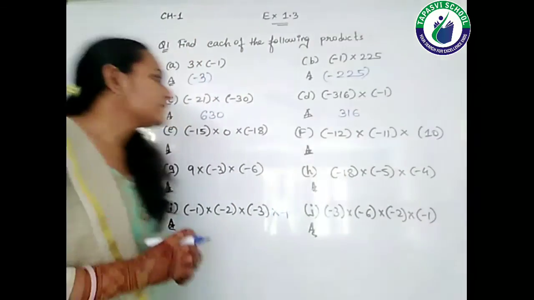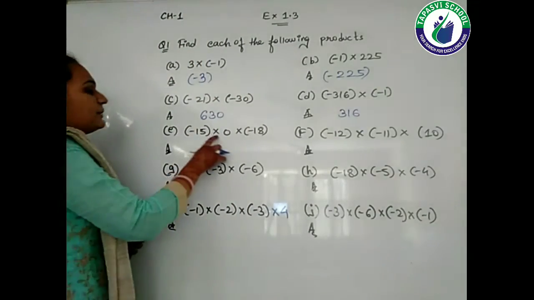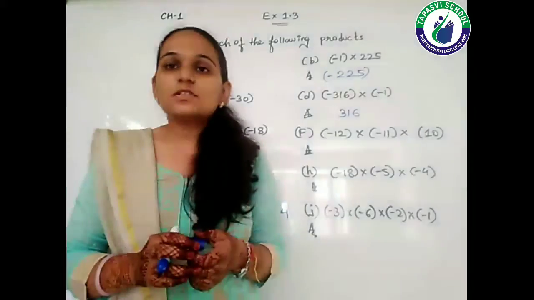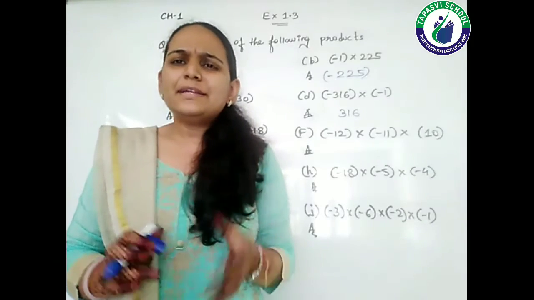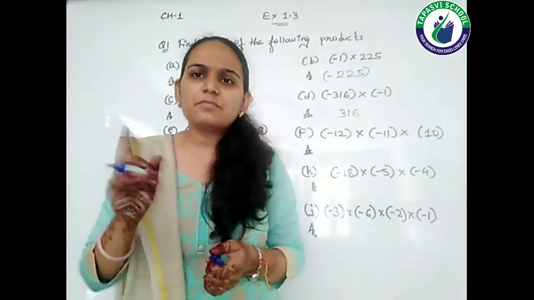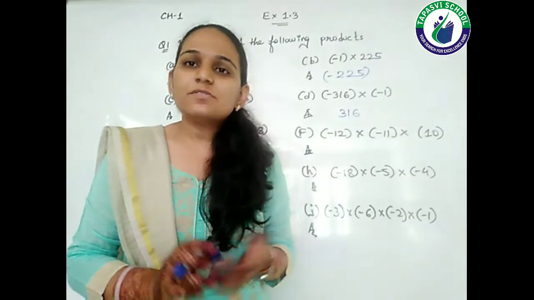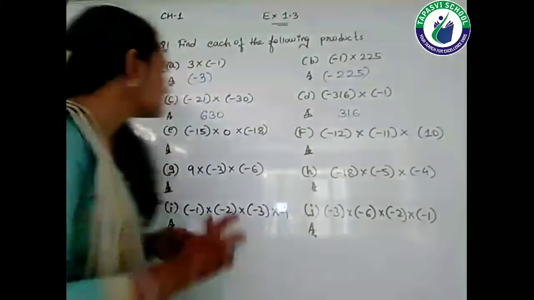Let's see the fifth question, students. Minus 15 multiplied by 0 multiplied by minus 18. Make sure, students, that whenever you multiply any integer with 0, you should remember the property, that is multiplication by 0. The answer will always be 0 only.